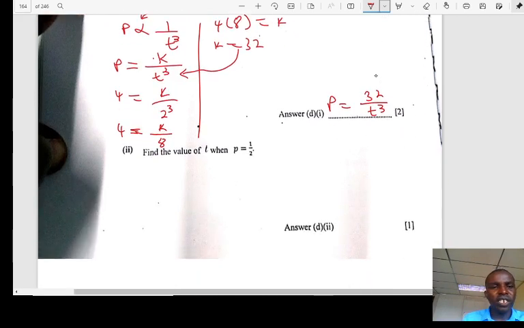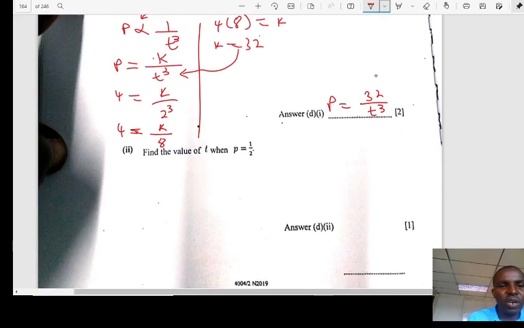So it's t cubed, right? It's not t3. Then find the value of t when p is equal to half. You just use this formula. Where there's p, you put half. Then you want to find t. So it will be half is equal to 32 over t cubed.